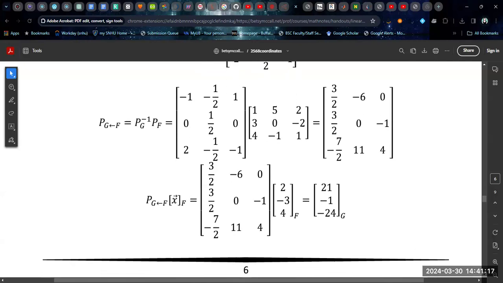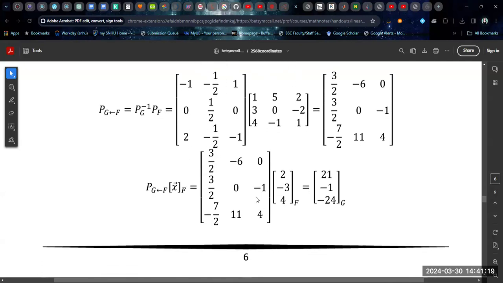And when I do the multiplication of this matrix times this vector, I end up with 21, negative 1, negative 24, which is the coordinates of this vector in the G basis. Now, again, if you're doing transformations between multiple coordinate systems, do not be surprised in the general case that you don't necessarily get nice whole numbers.